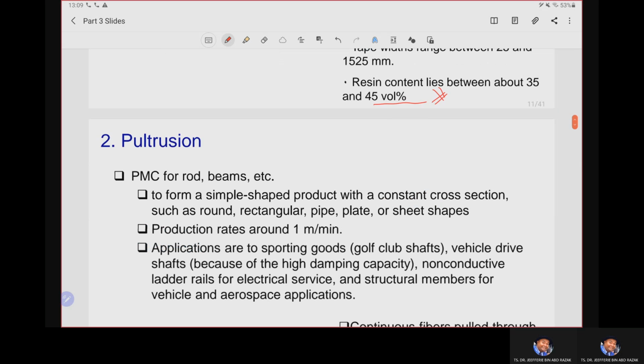The second process for closed mold fiber reinforced processing is the pultrusion process. This kind of process is suitable for producing rods and beams having a simple shape with a continuous cross section, such as round pipe, rectangular, plate, or sheet shape.